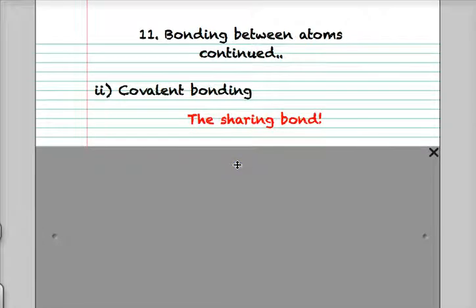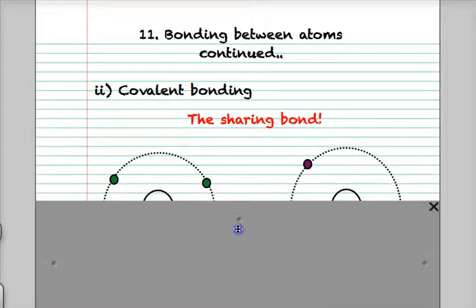So the electrons are not given outright, forming individual ions. The electrons are shared, giving the atoms the sensation, if you like, that they have full outer orbitals. The name covalent indicates that there's a necessity for two valences, or the outer orbitals of two atoms, needed to achieve this bond. Now let's take a look at an example.